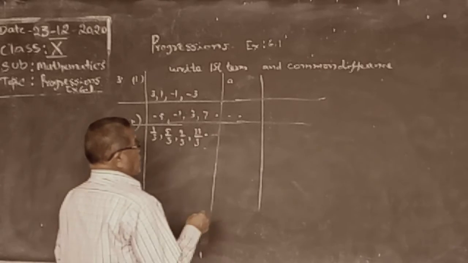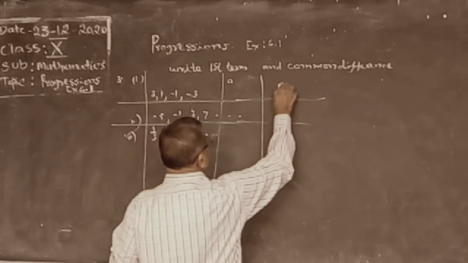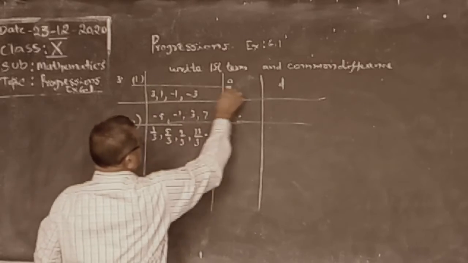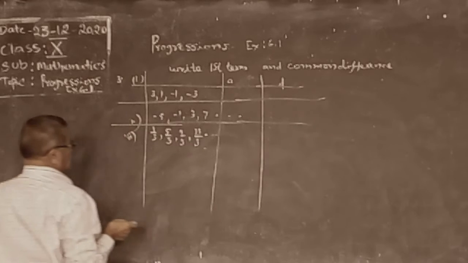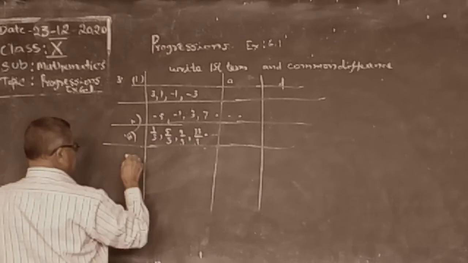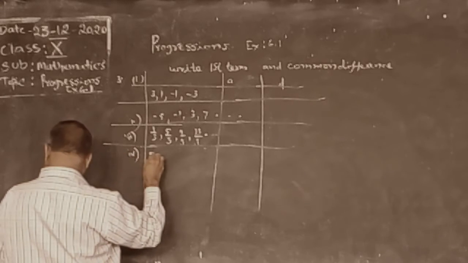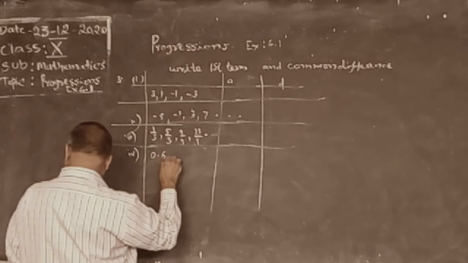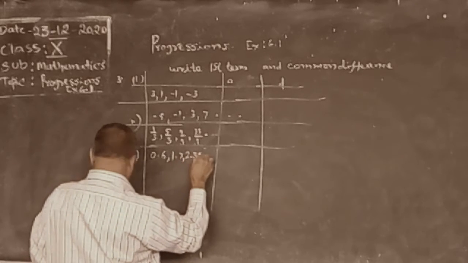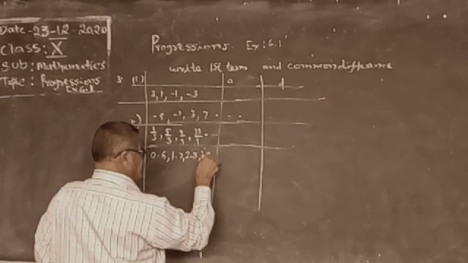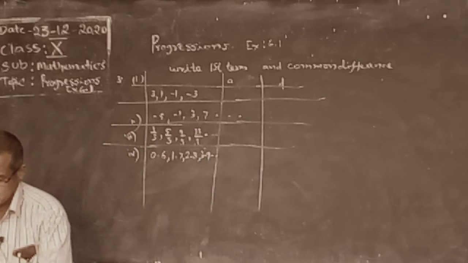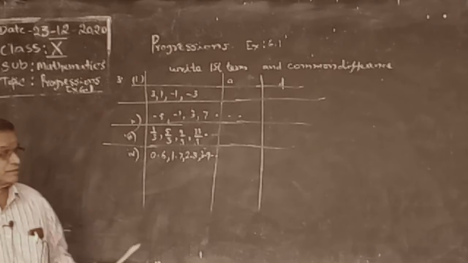Here A: 4, 0.6, 1.7, 2.8, 3.9. Yes. Here 4 columns are given. We have to write the first term and the difference.